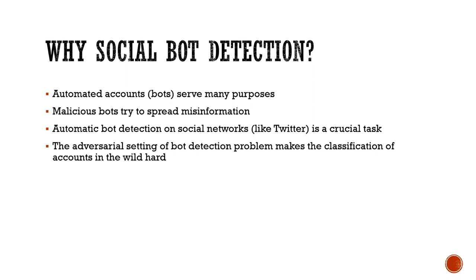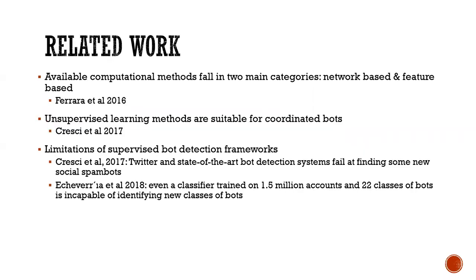Unfortunately, the adversarial setting of bot detection problem makes the classification of these accounts in the wild hard because bots try to change themselves to evade bot detection. Researchers proposed automatic bot detection methods falling in two main categories: network-based and feature-based.